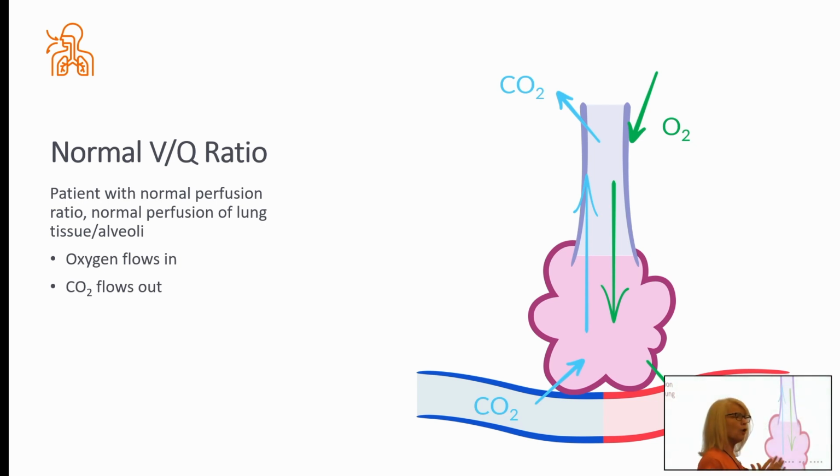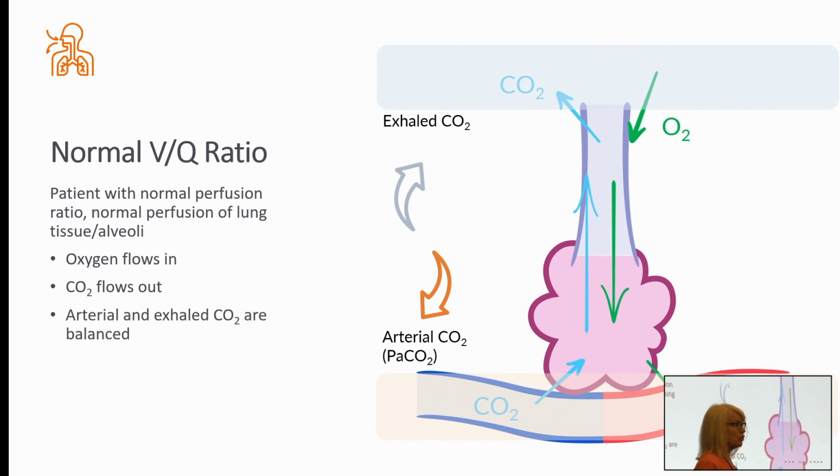Now, if you have normal ventilation perfusion, your exhaled CO2 is likely going to match your blood CO2, which, if you really think about that, is pretty impressive, that we can get our blood CO2 by looking at our CO2 in our exhaled breath. That's in normal, healthy lungs, right?